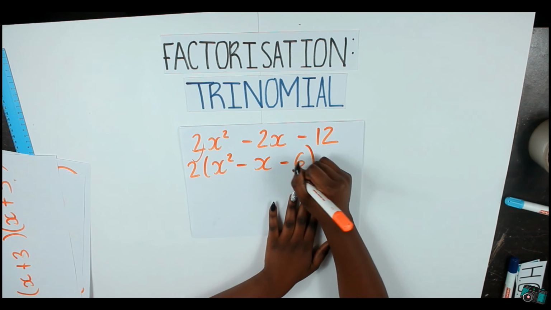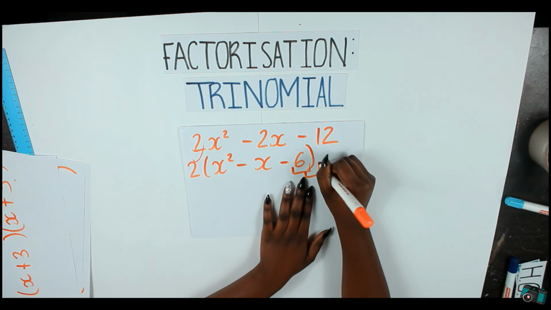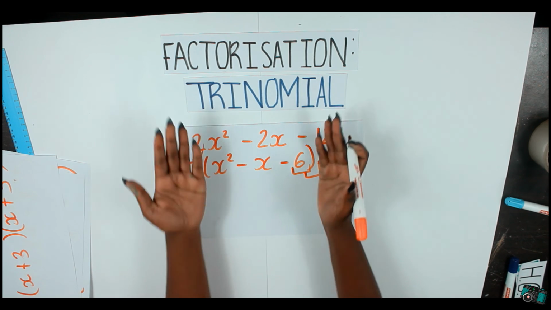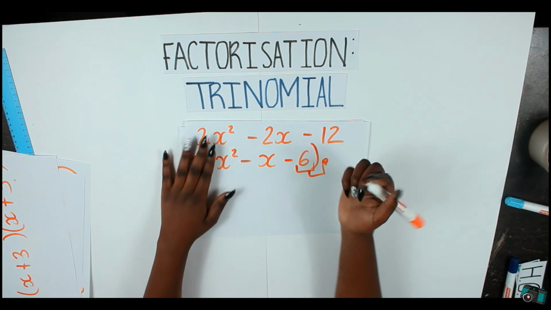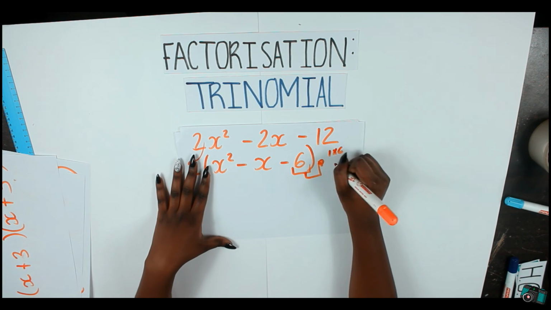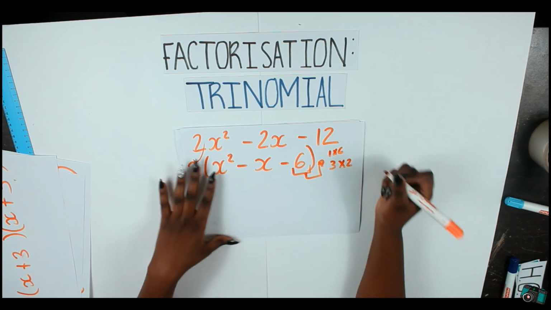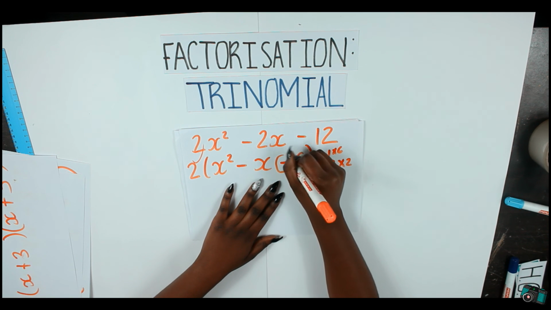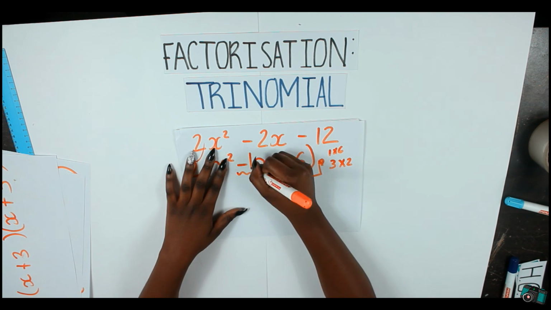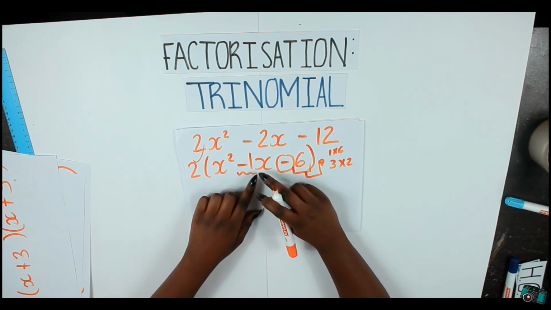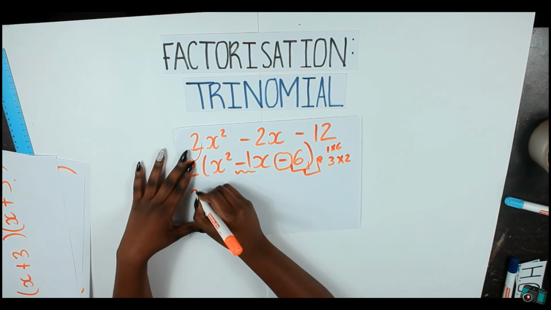Take out the factors of 6, because this is a trinomial isolated from the 2. So you have 1 times 6 and 3 times 2. You have a negative, which means your signs are going to be different. And you have to get to negative 1. There's a 1 here, right? So you have the 2 there.